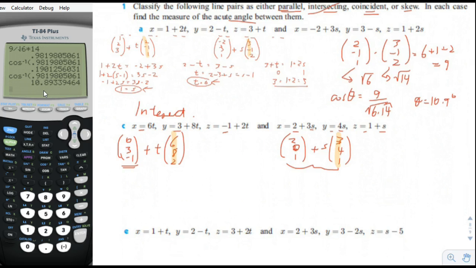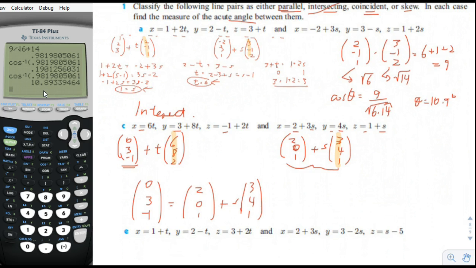So let's try that. We're going to say, hey, is this point (0, -3, 1) on the line (0, 2, 0, 1) plus s(3, 4, 1)? We'll see if that's true.